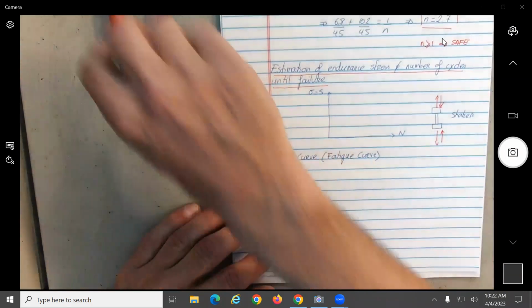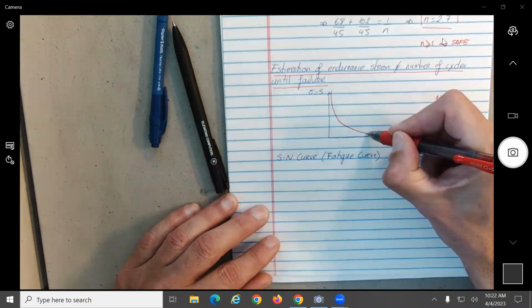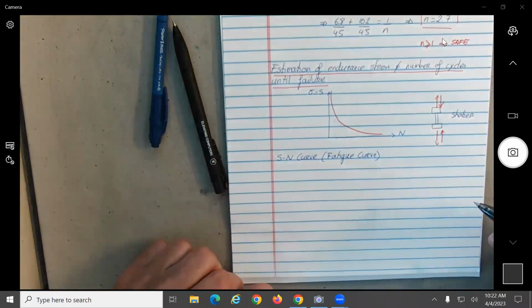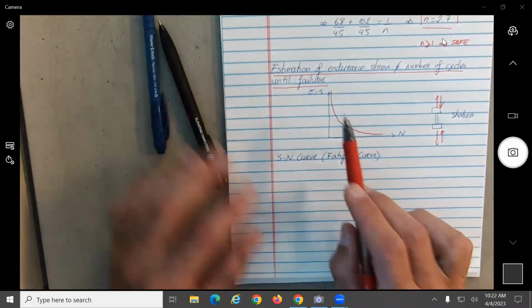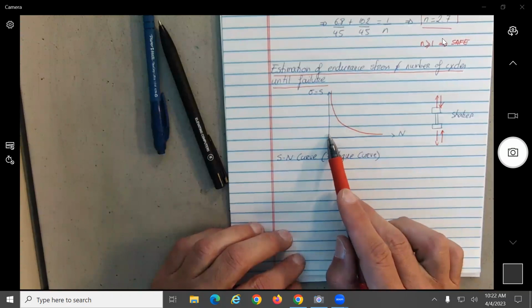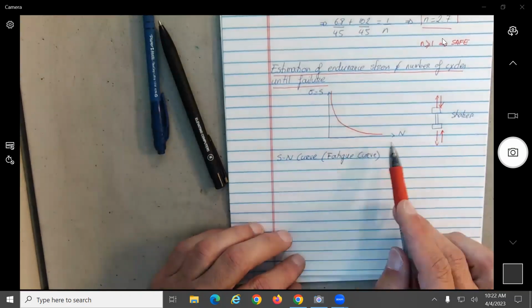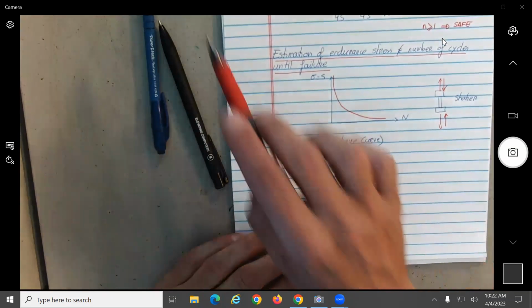If you look at it, the curve is going to look something like this. The lower the stress value that you apply, the longer the life. The higher the stress, the lower the number of cycles until failure.